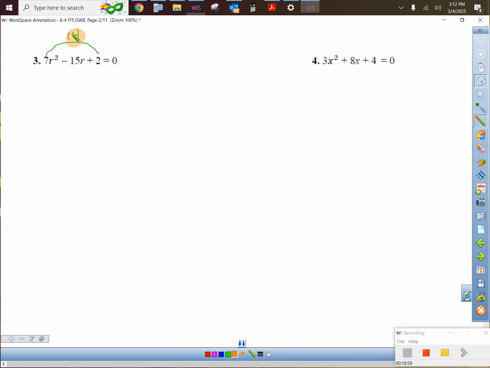Find two numbers that multiply together to be 14, but add together to be a negative 15. Since they have to multiply together to be a positive, both the signs are the same, and that's going to be like 1 and 14, but they both have to be negative since they have to add together to be a negative 15. So I found my two numbers.